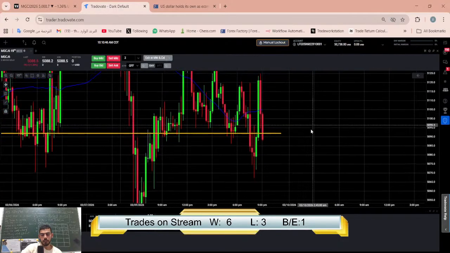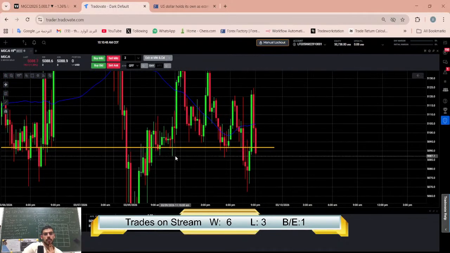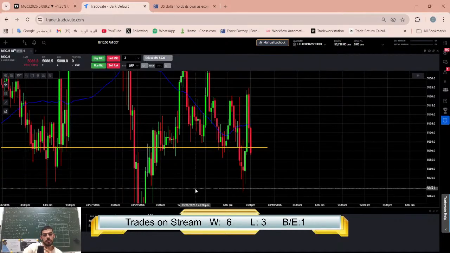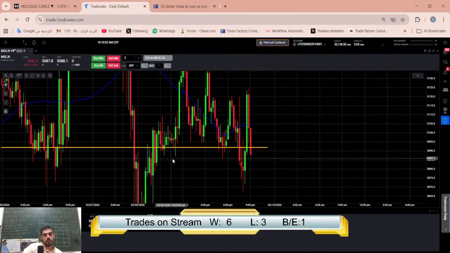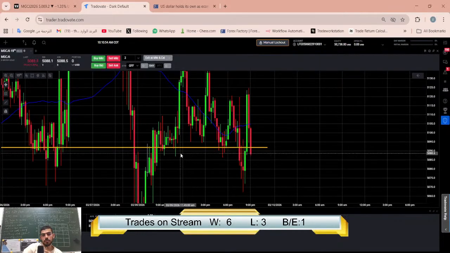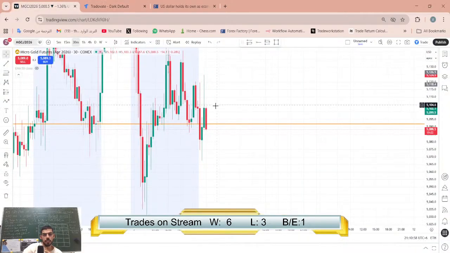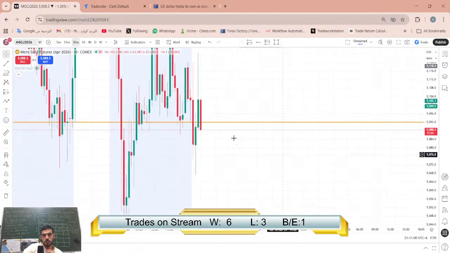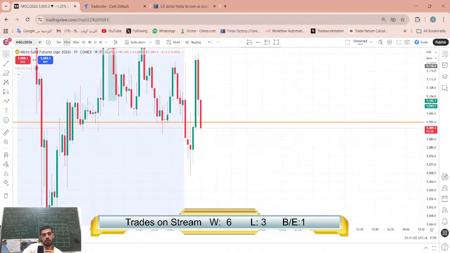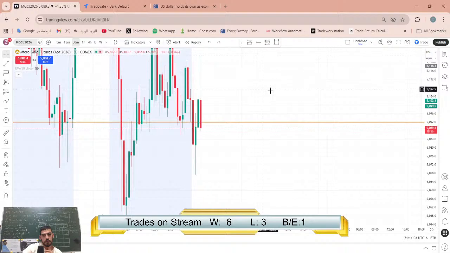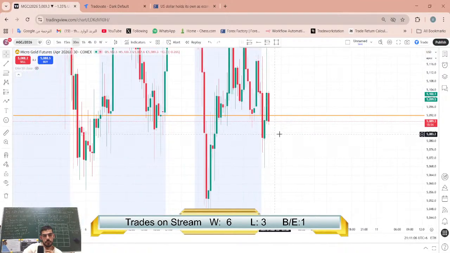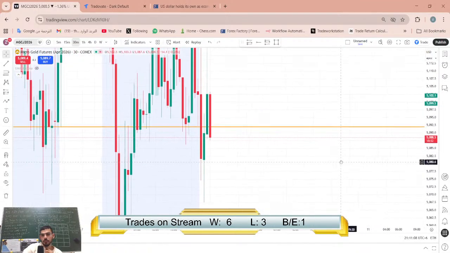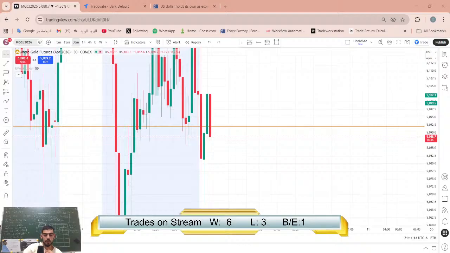You can see that it grabbed liquidity. Looking very, very interesting. But could gold wait for us for 5 minutes? Only 4 minutes left on the clock.